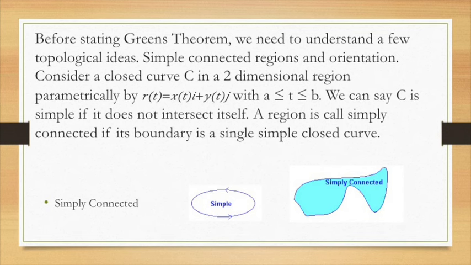Before stating Green's theorem, we need to understand a few topological ideas: simply connected regions and orientation. First, let's consider a closed curve C in a two-dimensional region, parametrized by r(t) = x(t) i + y(t) j, with a ≤ t ≤ b. We can say that C is simple if it does not intersect itself. A region is called simply connected if the boundary is a simple closed curve.